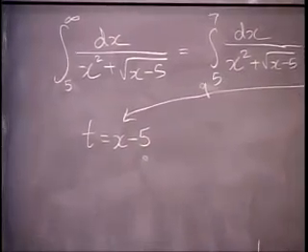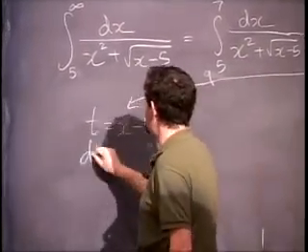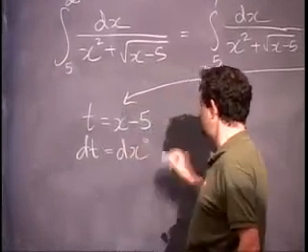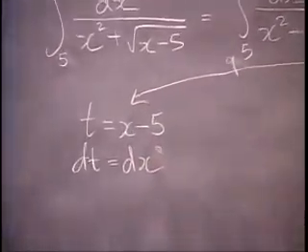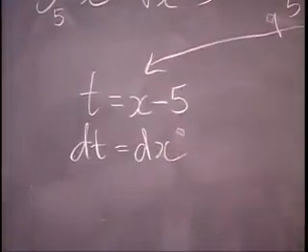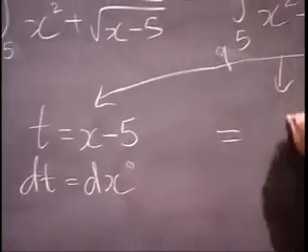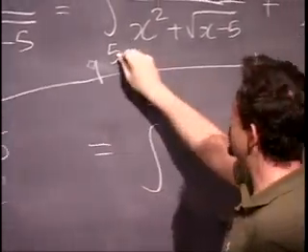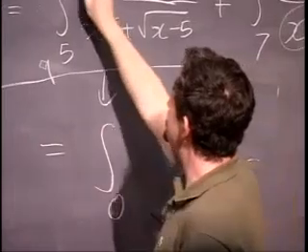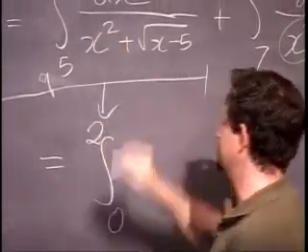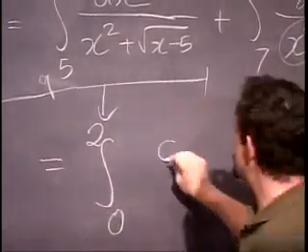If I do that, dt is the same as dx. And therefore, this integral becomes, after the substitution, when x equals 5, t goes to 0. When x equals 7, t goes to 2. And dx is the same as dt.